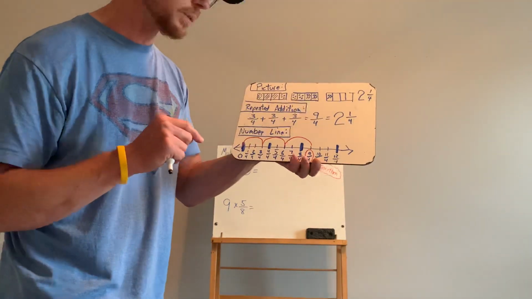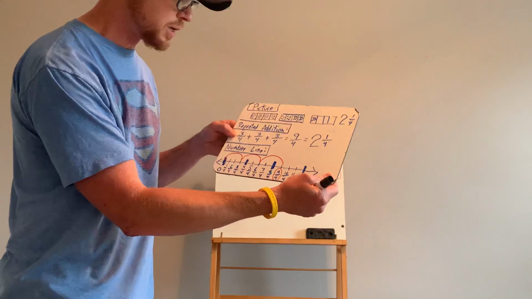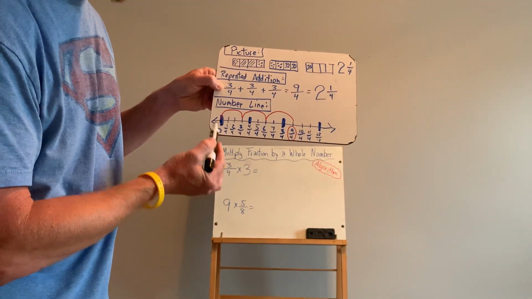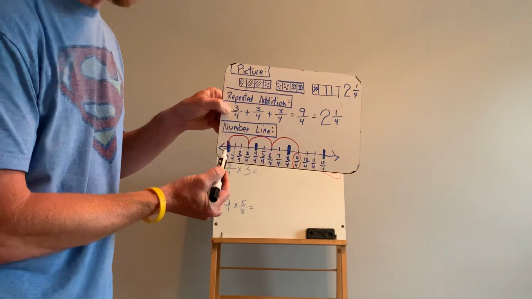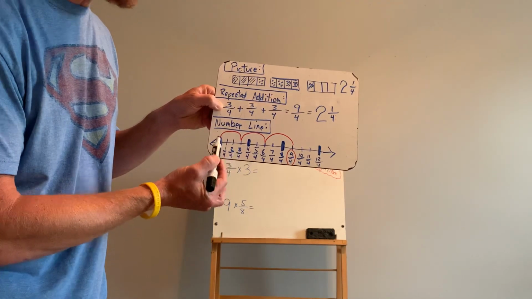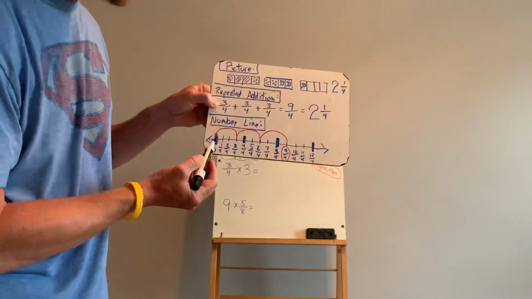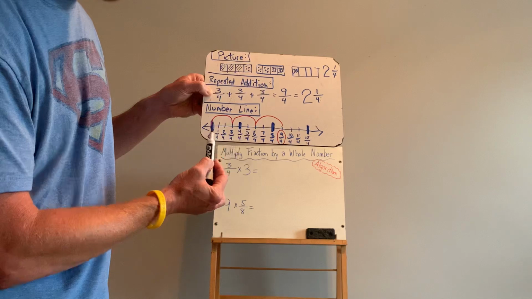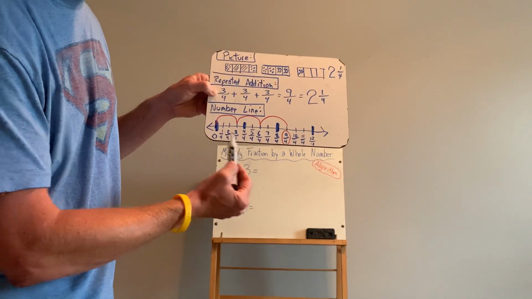Last but not least, that tricky number line. I have my number line, and I'm always starting at 0. A couple of you started at the first notch, but we have to start at 0. From 0 to 1, I have fourths: 1/4, 2/4, 3/4, and 4/4.